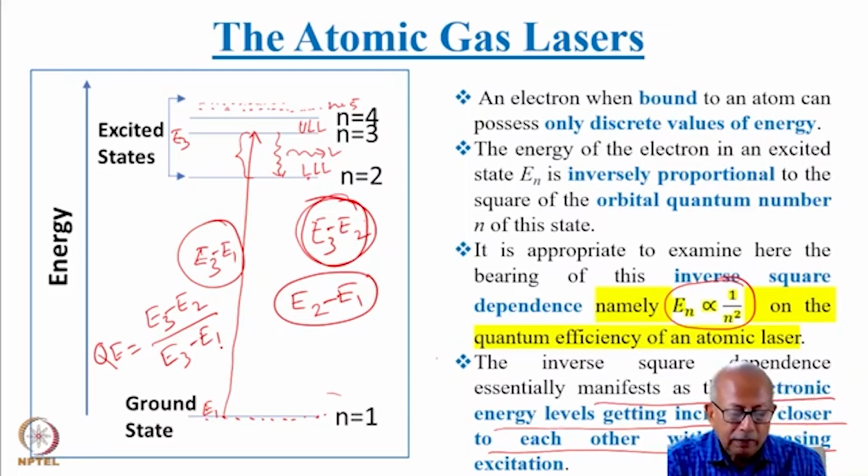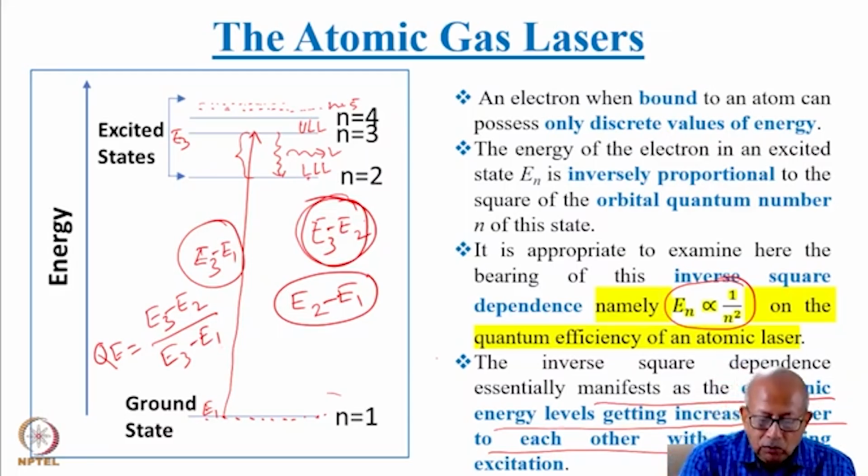Now you can see in this particular case, E3 minus E1 is much more compared to E3 minus E2.